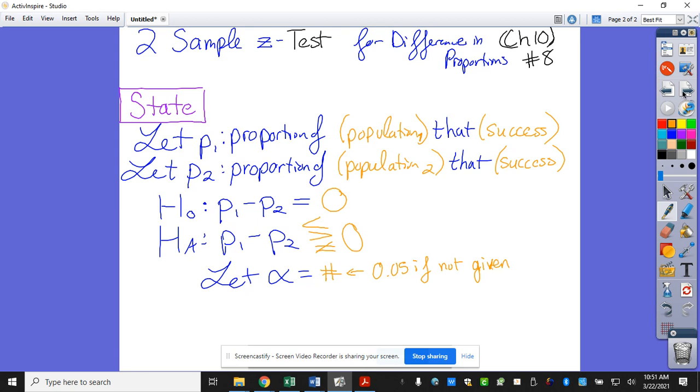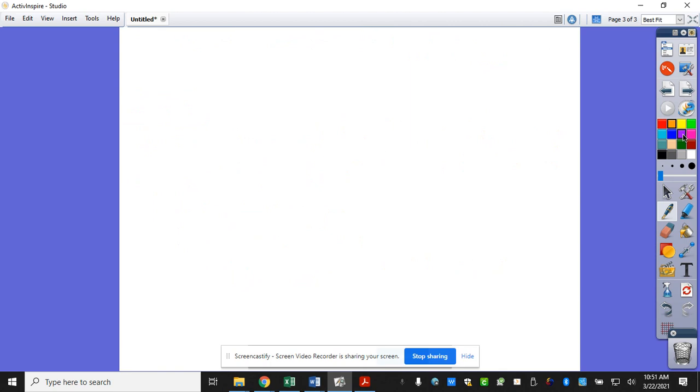So just like I said before, the brunt of the work in all of chapter 10 is going to be in plan, just because you're going to have to check your conditions for both samples. First part of plan is always what?